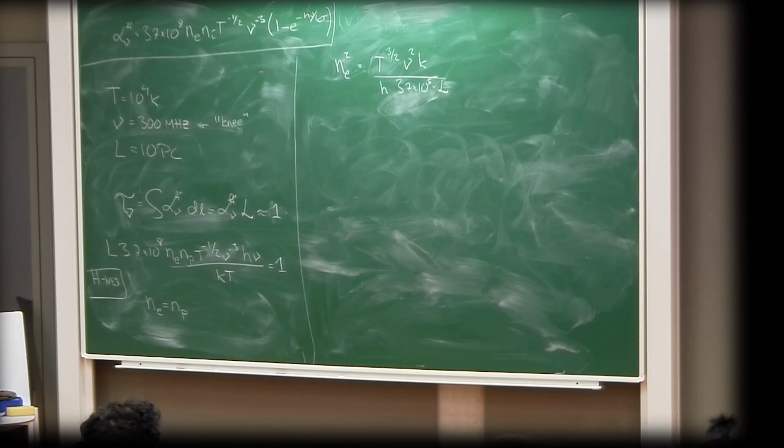I said that this knee region happened at 300 megahertz approximately. Now, we associate that knee region in the emission with the transition from being optically thin to being optically thick. But what's that definition? Well, it happens at tau nu approximately 1.